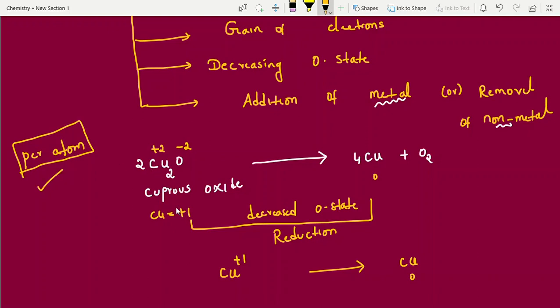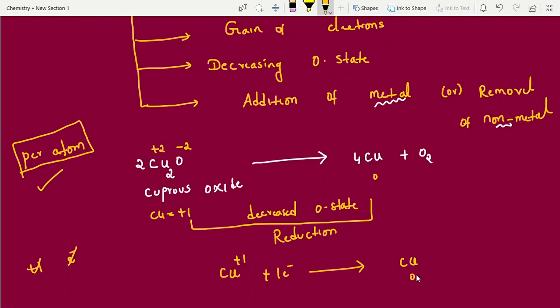Here 2 coppers plus 2, but each copper is plus 1. When it goes from plus 1 to 0, it gains 1 electron. This is plus 1 charge, this electron is negative charge. This one and this one get neutralized and become 0. You have to understand like this.